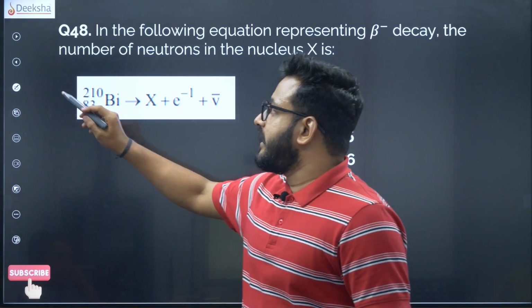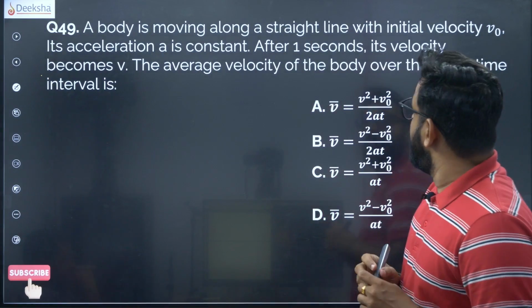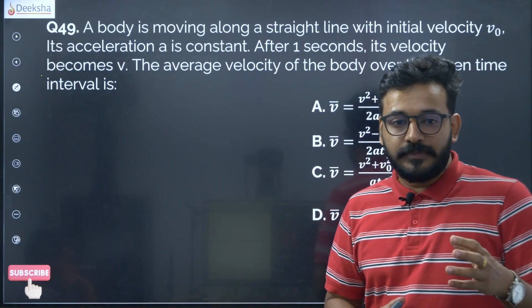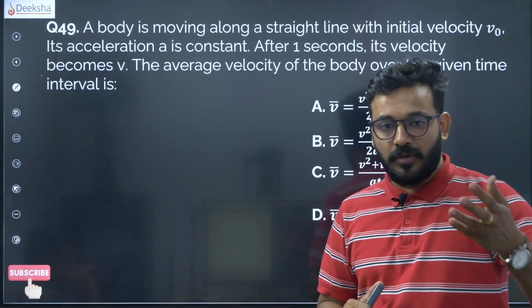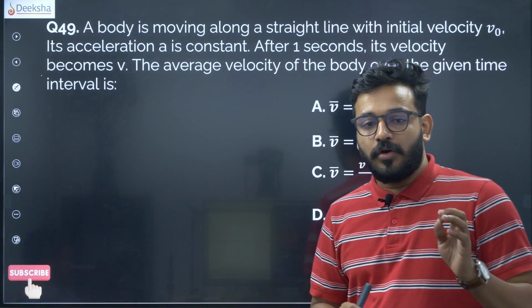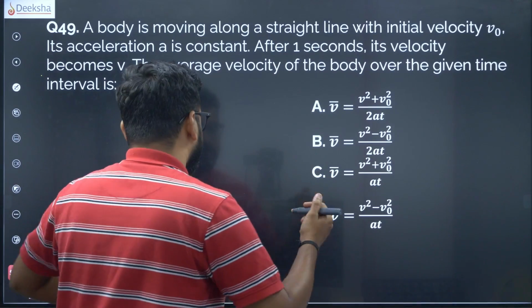So let us go to the next question directly: a body is moving along a straight line with an initial velocity v0, and later its acceleration is constant. After 1 second, its velocity becomes v. The average velocity of the body in a given time is? Now, what is average velocity?